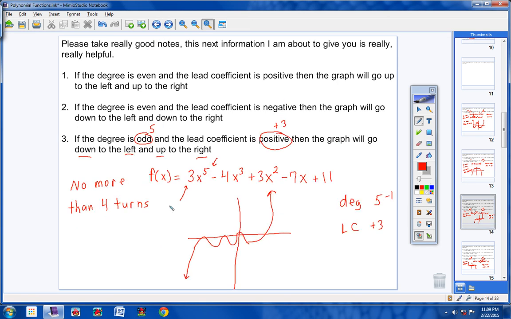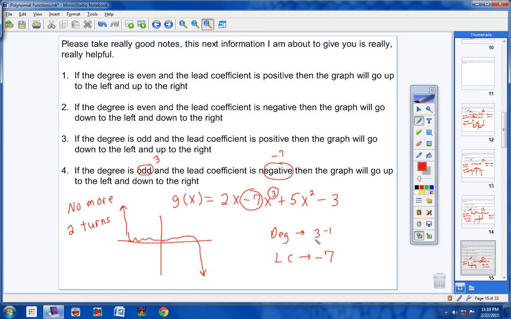Number 3, the degree is 5. So this graph here will have no more than 5 zeros. Now that doesn't mean it has to have 5 zeros, but it will have no more than 5. Number 4, the degree is 3.